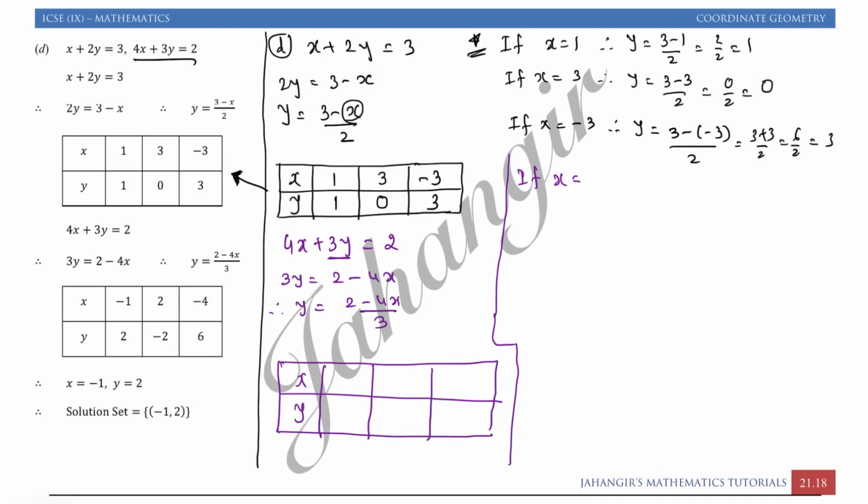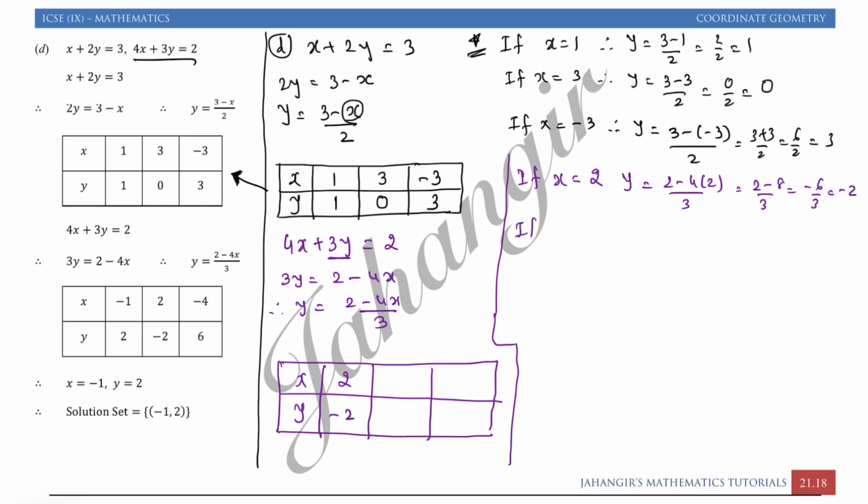Let us take 1. If you take 1, 2 minus 4 is again, 2 by 3 you will not get. Let's take 2. If we take 2, y is equal to (2 minus 4 into 2) upon 3. So that is (2 minus 8) upon 3, that is minus 6 by 3, which is equal to minus 2. The answer is minus 2.